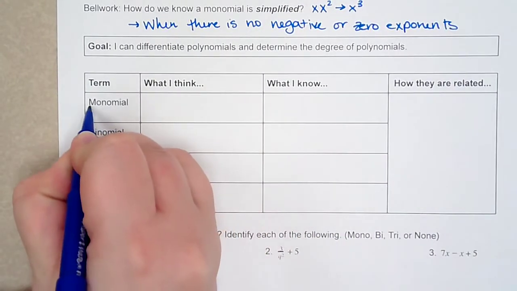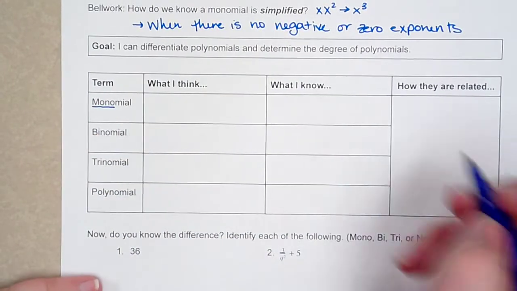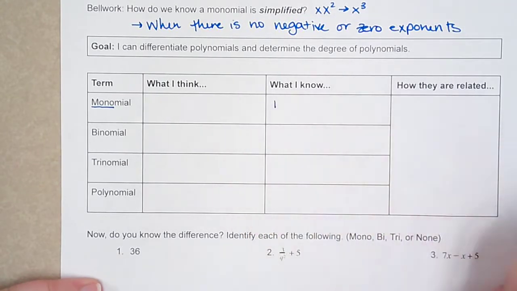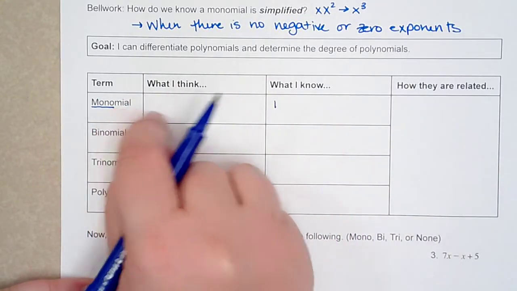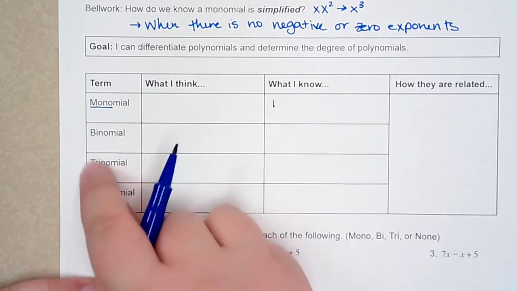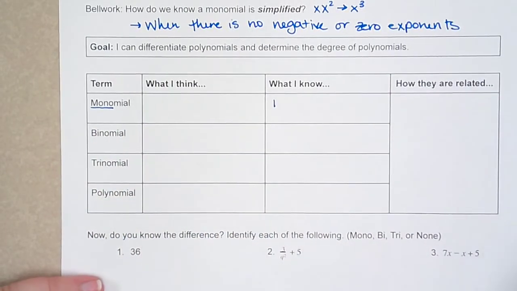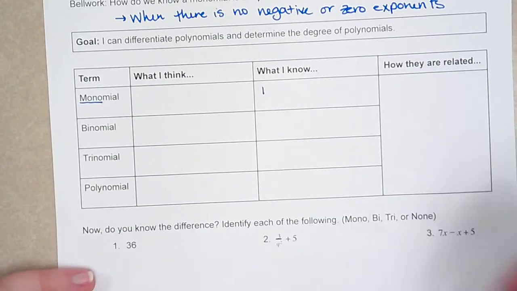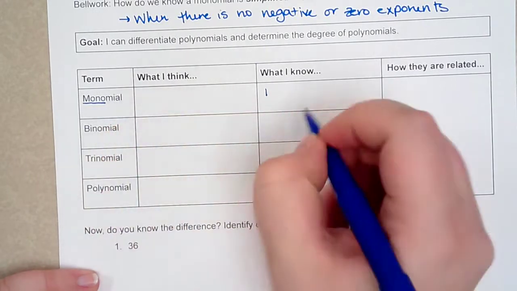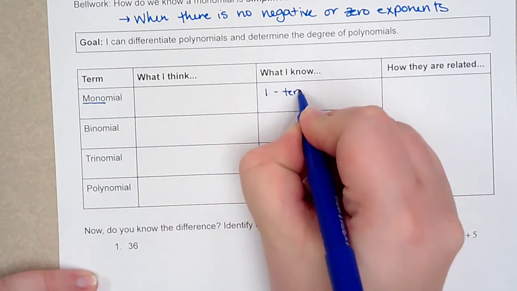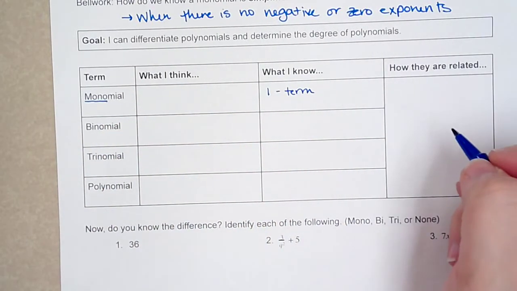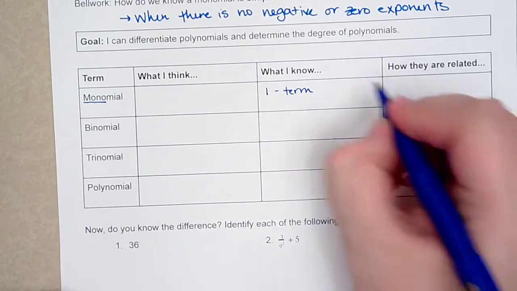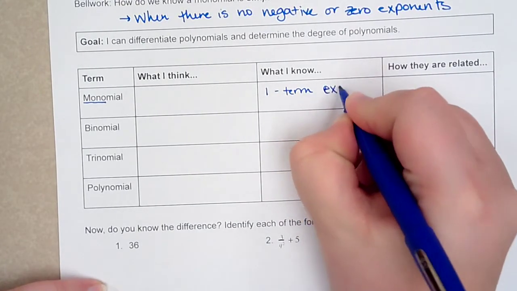For those of you who don't know this previously, mono means one, and nomial, or just meal there, essentially is saying term or number. So when we have a monomial, we have a one-term math expression.